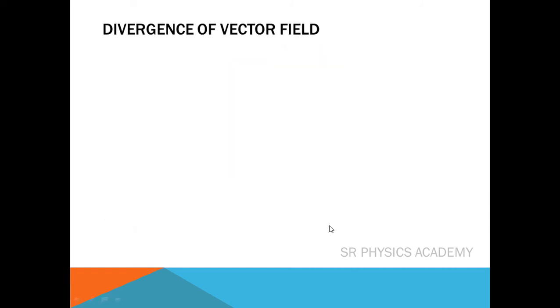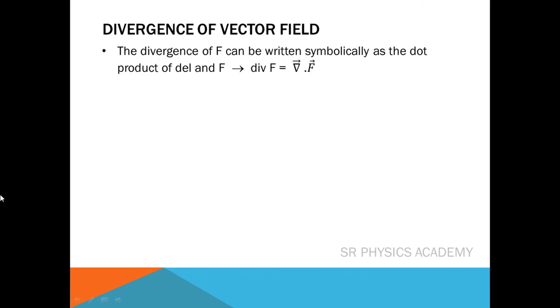Next is the divergence of a vector field. So what is divergence? The divergence of F can be written symbolically as the dot product of del, which we know, with F, which is also a vector. So divergence of F is del dot F. You have to remember that the divergence operation turns a vector into a scalar field.